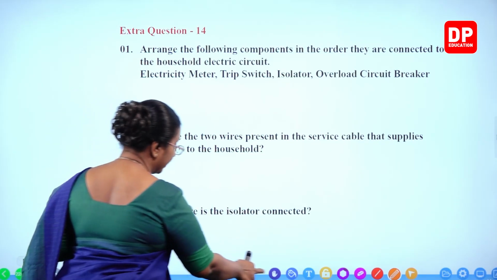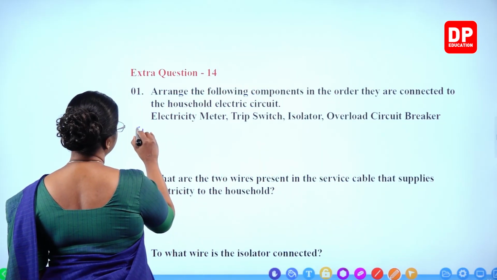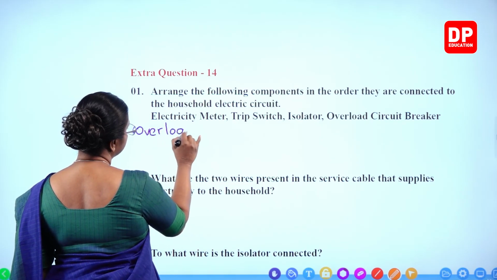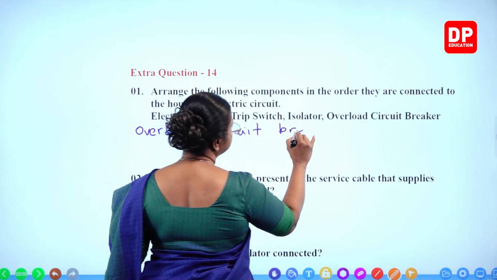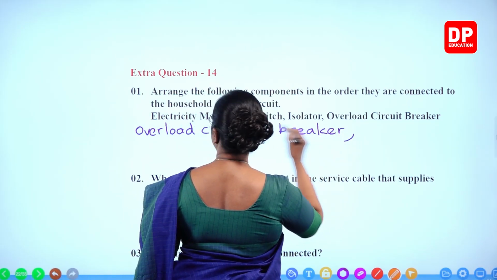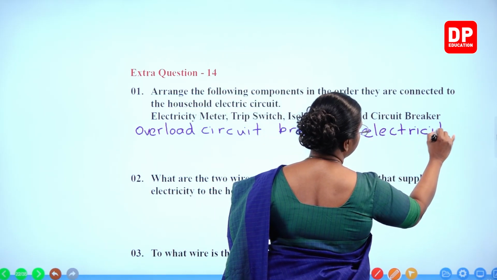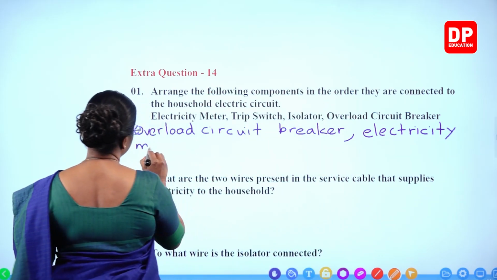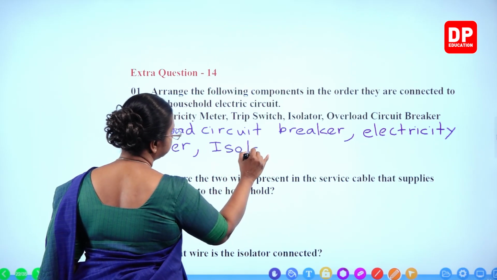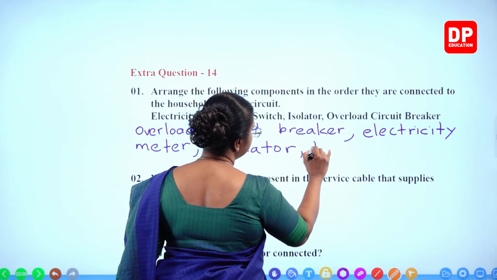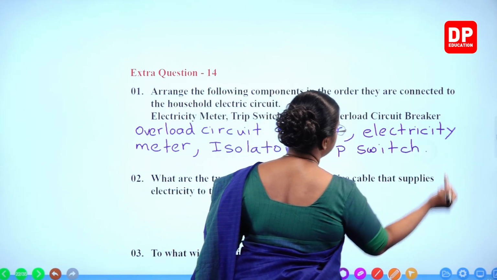So here if we write them in order, first we have the overload circuit breaker, then the electricity meter, then the isolator and then the trip switch.